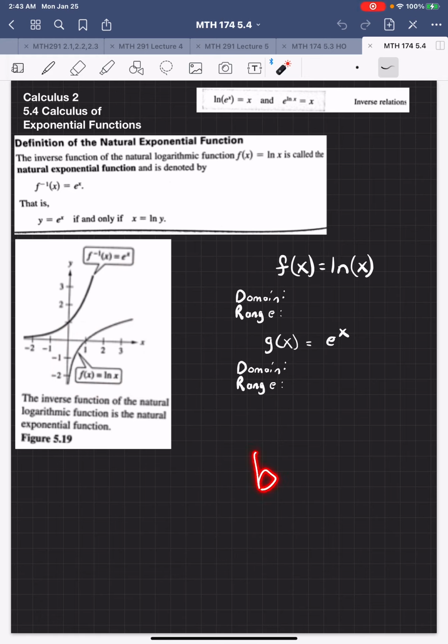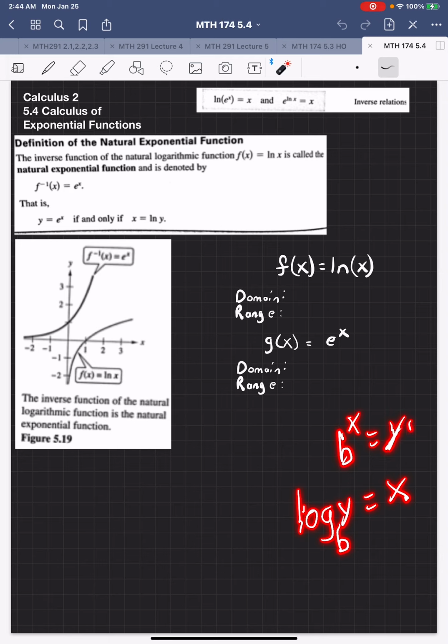If you have b to the power of x, and that gives you some y value, then you can use logarithms to get back. Logarithms are the inverse function for exponential functions.